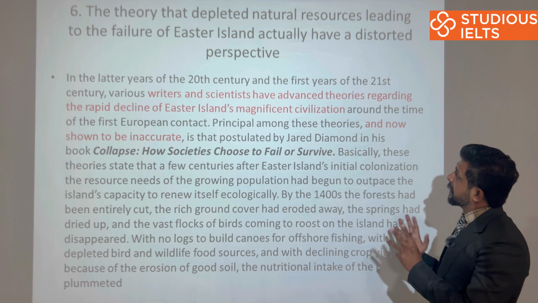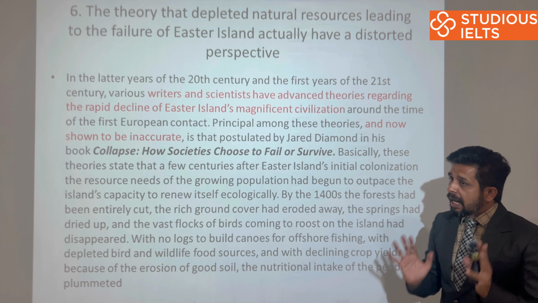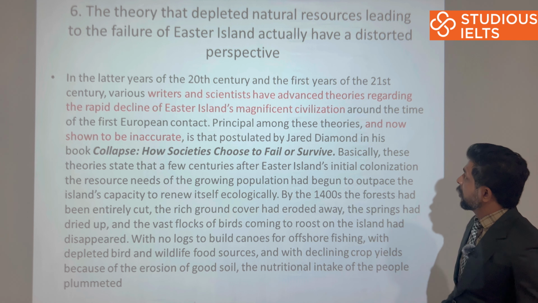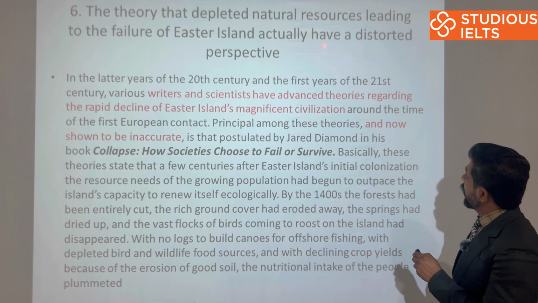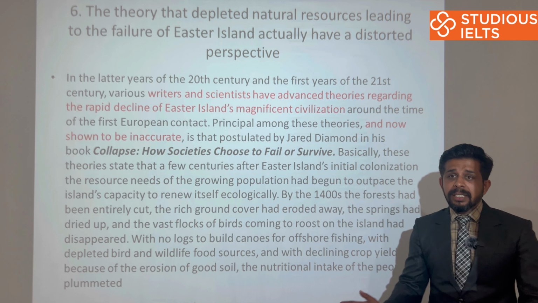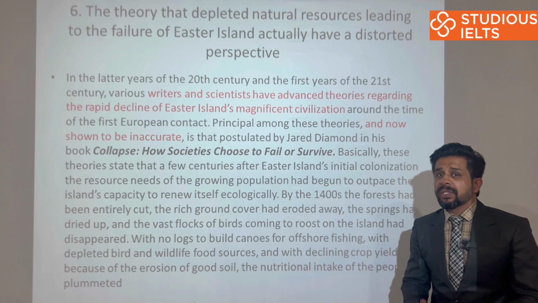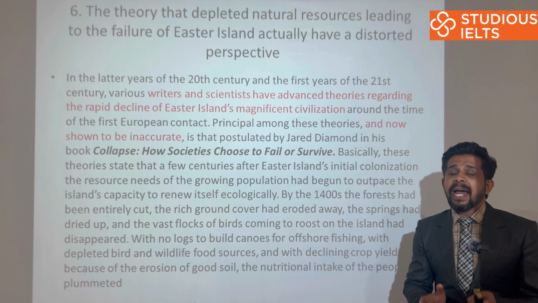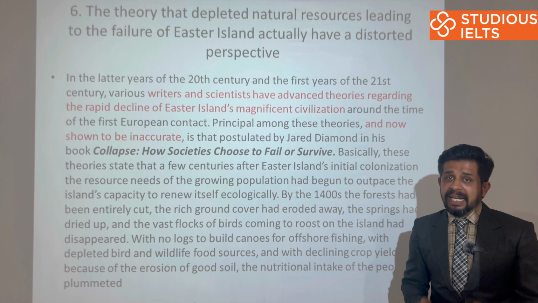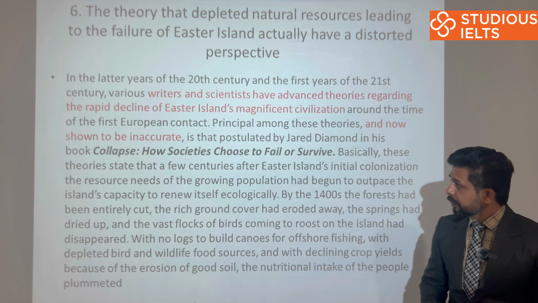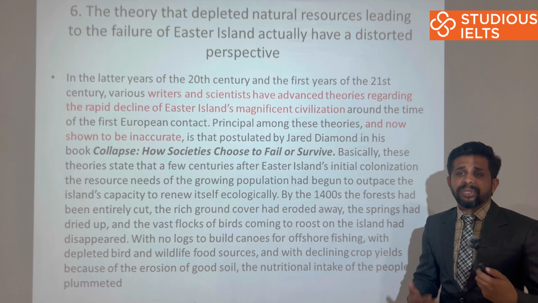So first part is being covered. Now one thing we have to make sure, that they said at the end of the question, have a distorted perspective, means we will have to say that that theory was not accurate, that theory had something that was not genuine, that was not true, or you can say not authentic.